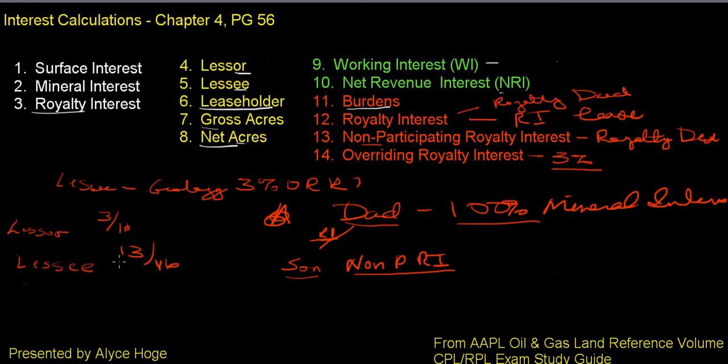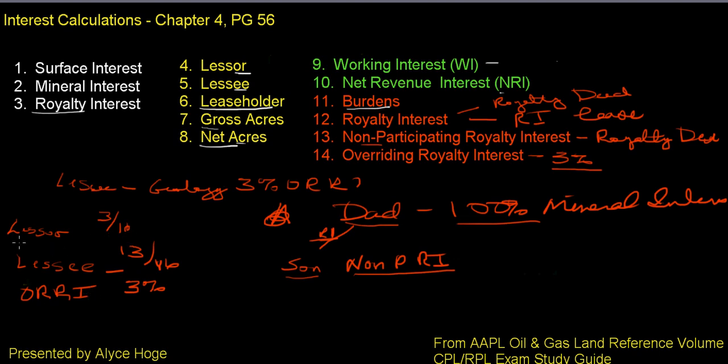But they're also going to have to pay this third owner, this overriding royalty interest, their 3% interest. So the oil and gas company is going to make 3% less than the 13/16. That is an overriding royalty payment.